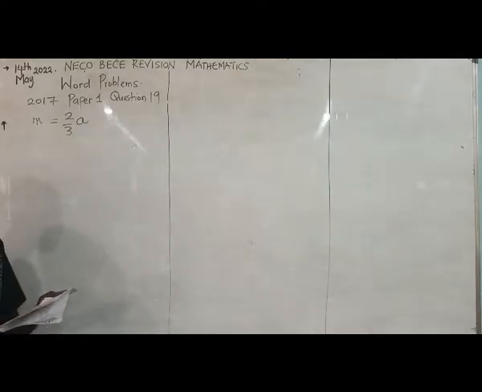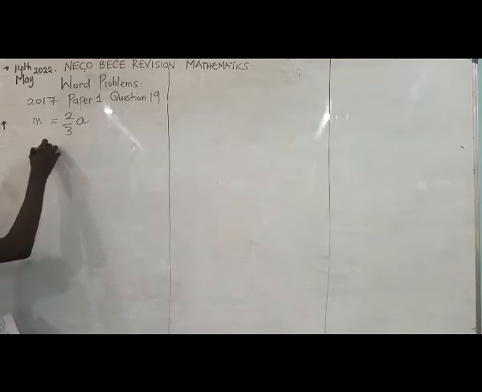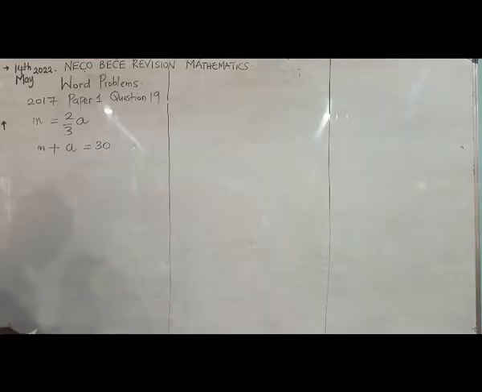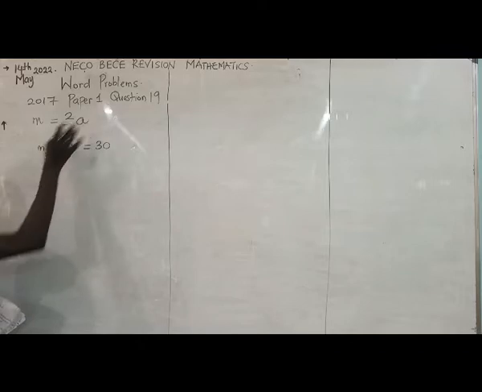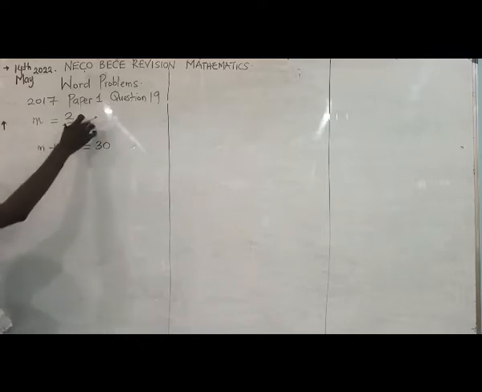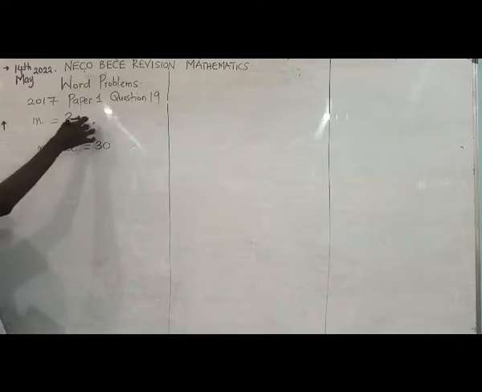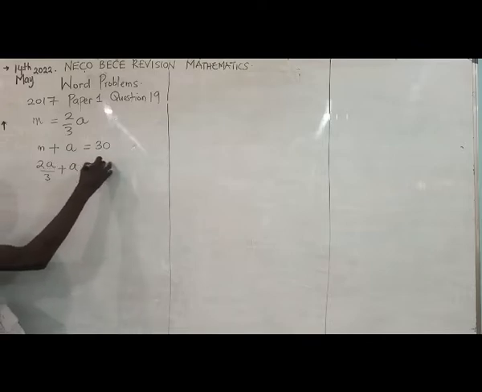Now, if the sum of their ages is 30, it means Musa plus Abu's age will give me 30. The question now says, how old is Abu? Now remember that Musa is 2/3 of Abu. So wherever I have Musa, I'm going to put 2/3 of Abu, so that will be 2/3 A plus A equal to 30.